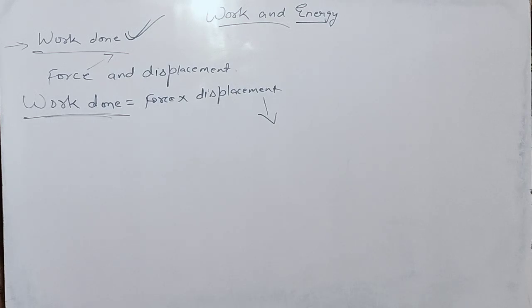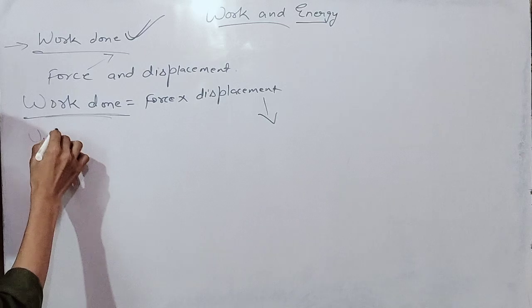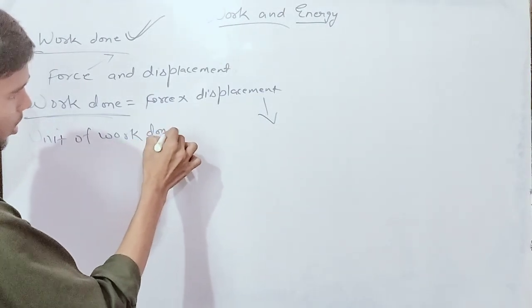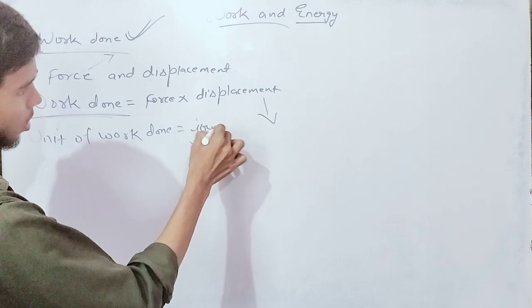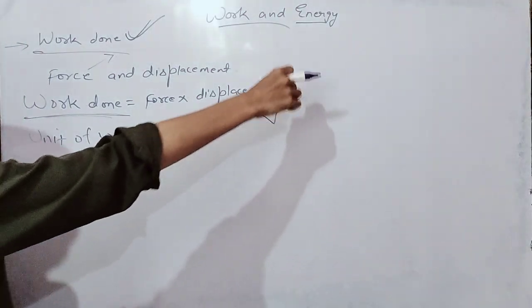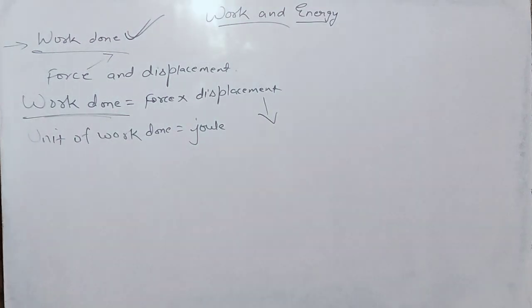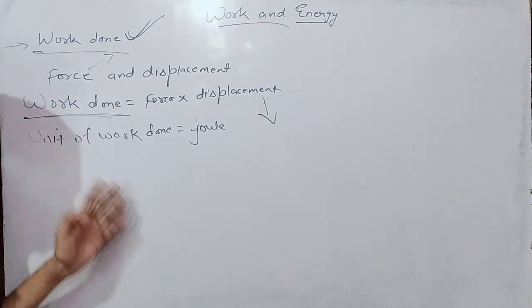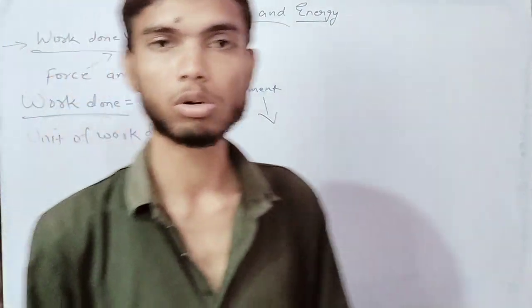Always remember the unit of work done. The unit of work done would be joule. Always remember. We will realize that the unit of energy is also joule. I am not talking about that now, but we are understanding this. That's why I am telling you the unit of work would be joule.